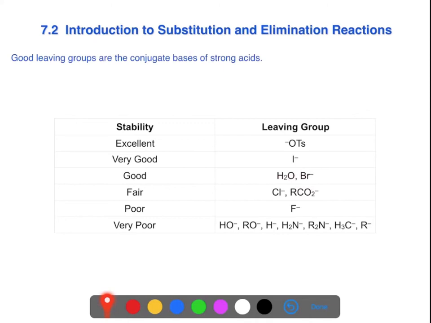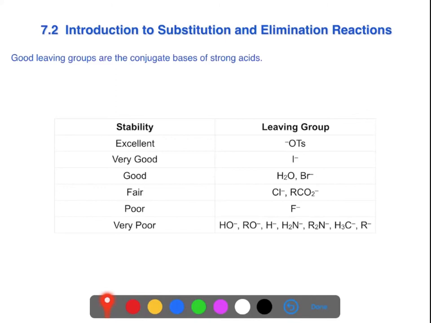Then some of our okay leaving groups, where the reactivity may be a little bit slower, are the chloride, the acetates and other carboxylate salts. In general, species that are able to stabilize the negative charge due to a size effect, or species such as water, which are neutral and very stable, the best conjugate bases in terms of stability, are going to be those that come from our strongest acids.